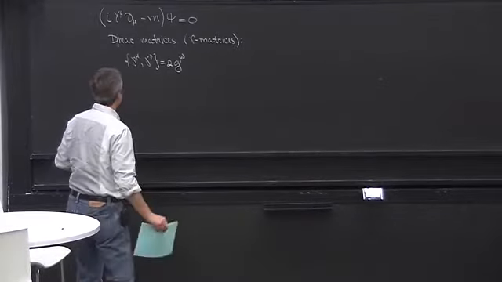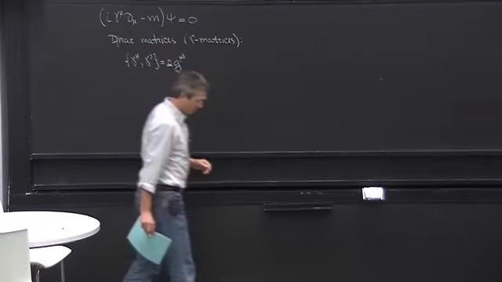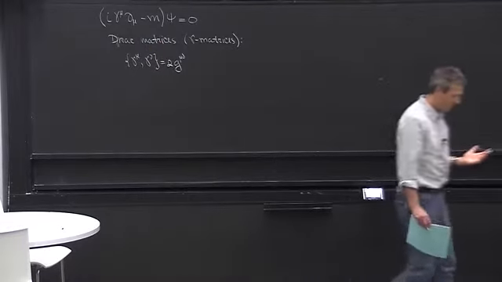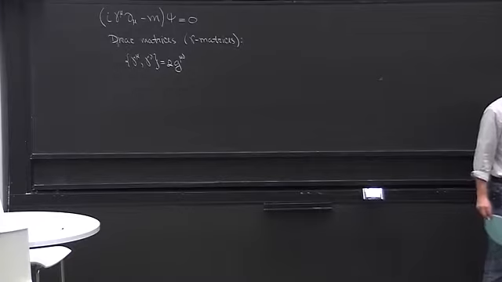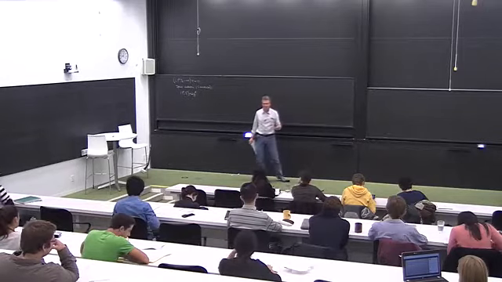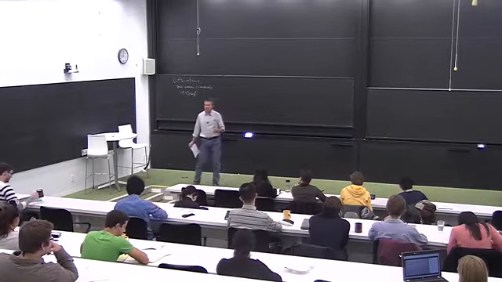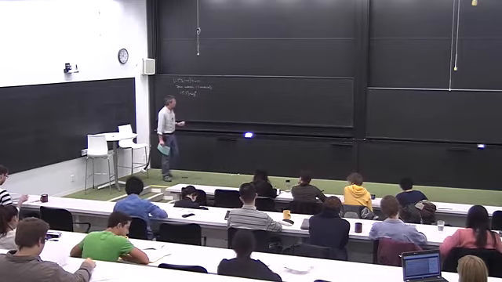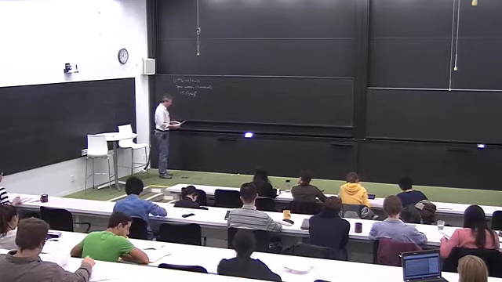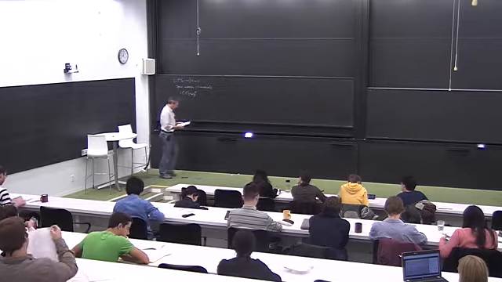And then there is this object psi, which is a spinor, and I feel that there was some confusion about what spinors really are. So let me try to describe this in more detail.